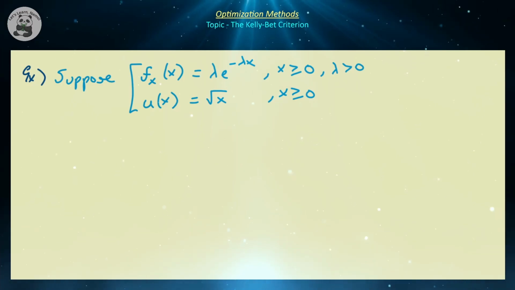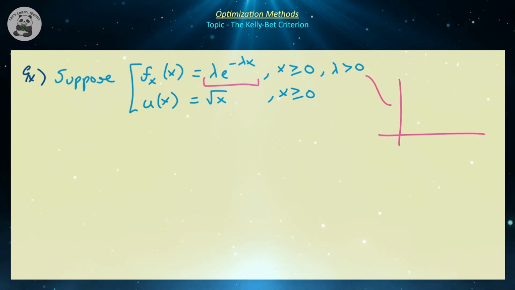So let's assume we're working with the same exact square root utility curve, which has the law of diminishing returns for utils. And also let's assume that the random variable x is continuous with a probability density function associated to an exponential distribution with rate parameter lambda. In case you don't remember the exponential PDF, it actually looks like this particular object.